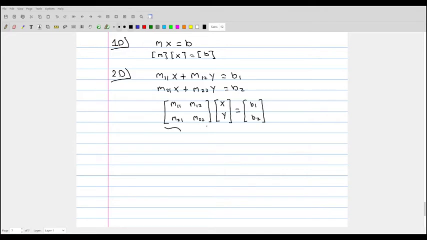Or if I call this expression the matrix M, this expression the vector x, and this expression the vector b, this equation, the system of two equations and two unknowns, is what's called a matrix system. M times x is equal to b.